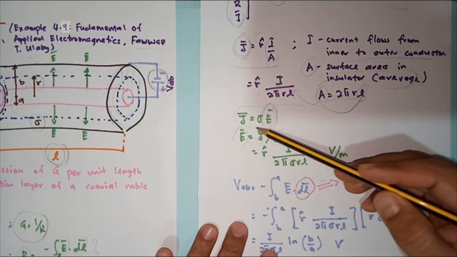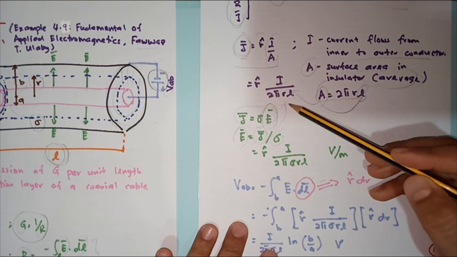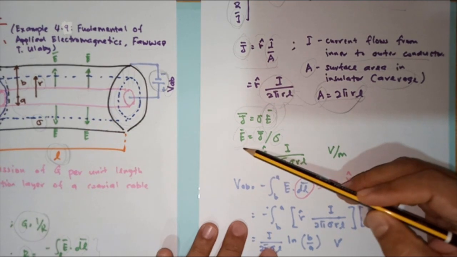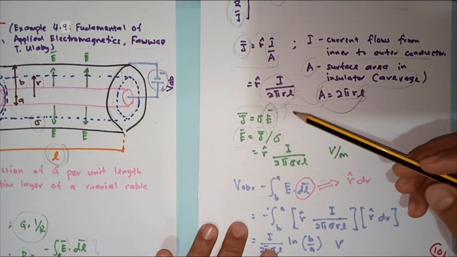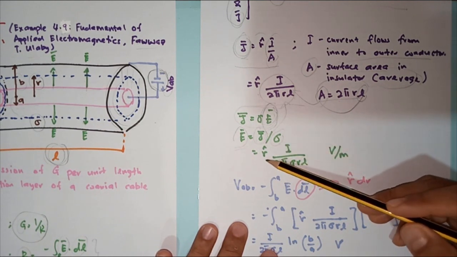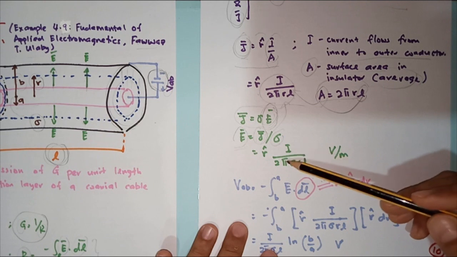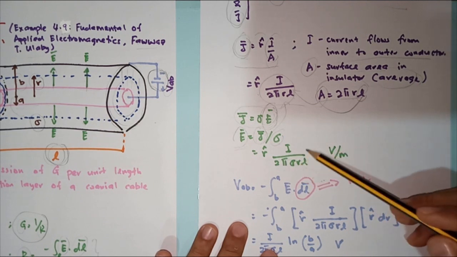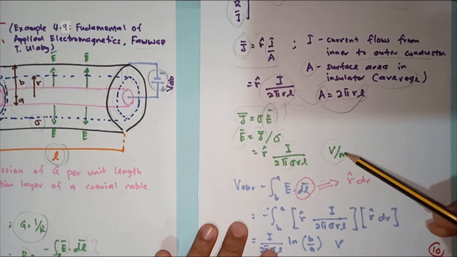By replacing J with the expression we derived just now, the electric field intensity is equal to r cap I divided by 2 pi sigma RL. The unit for this expression is volt per meter.